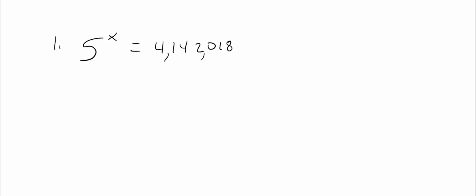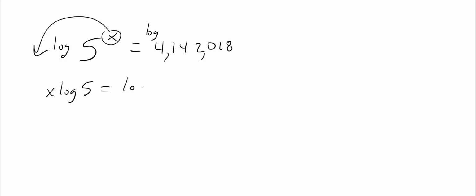So 5 to some power is going to be that number. You take the log of both sides, and that exponent comes in front. So I get x log of 5 equals log of 4,142,018. Then you divide both sides by log of 5.